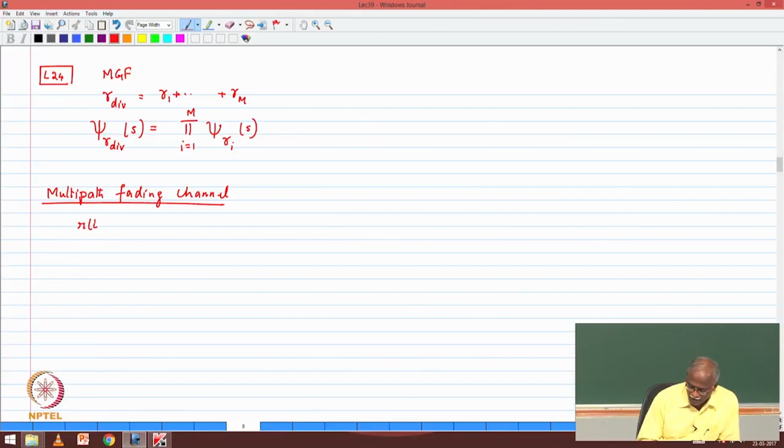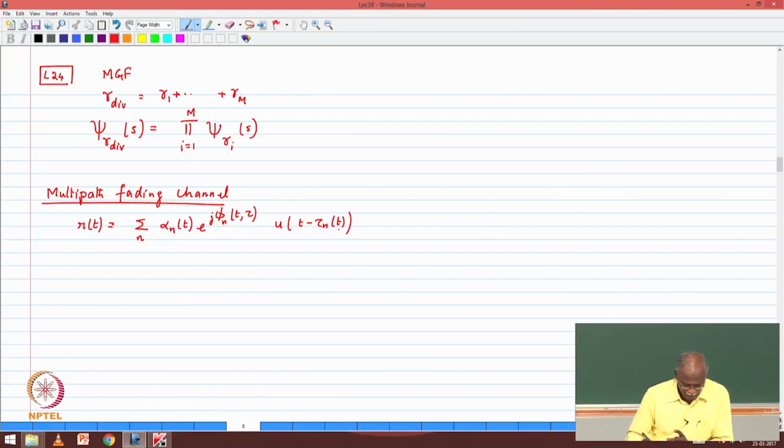The received signal r of t is a superposition of many copies of the signal. Each of them has a complex gain term. The amplitude is alpha n, the phase is e power j phi n. This is a function of t and tau, and if the complex baseband representation of the signal was u of t, then this would be u of t minus tau n of t.